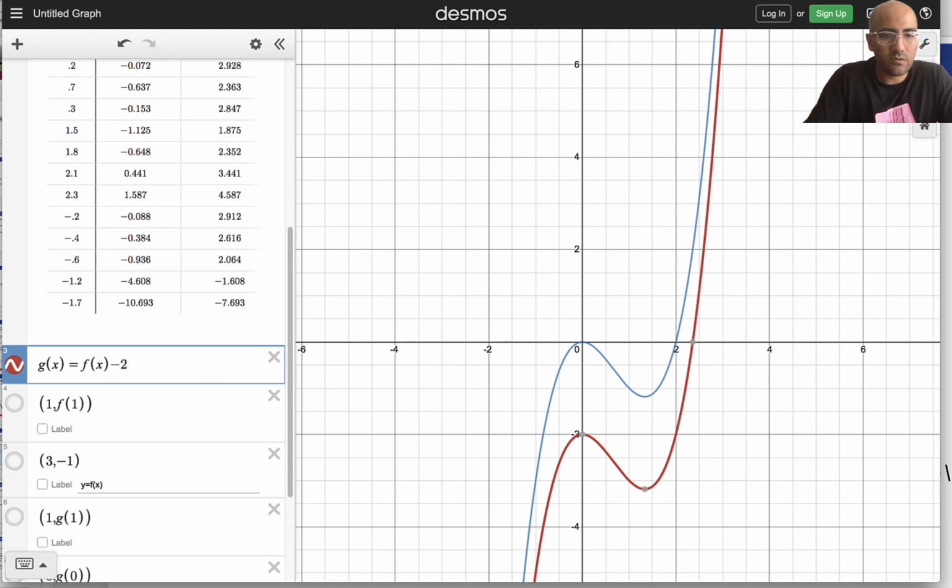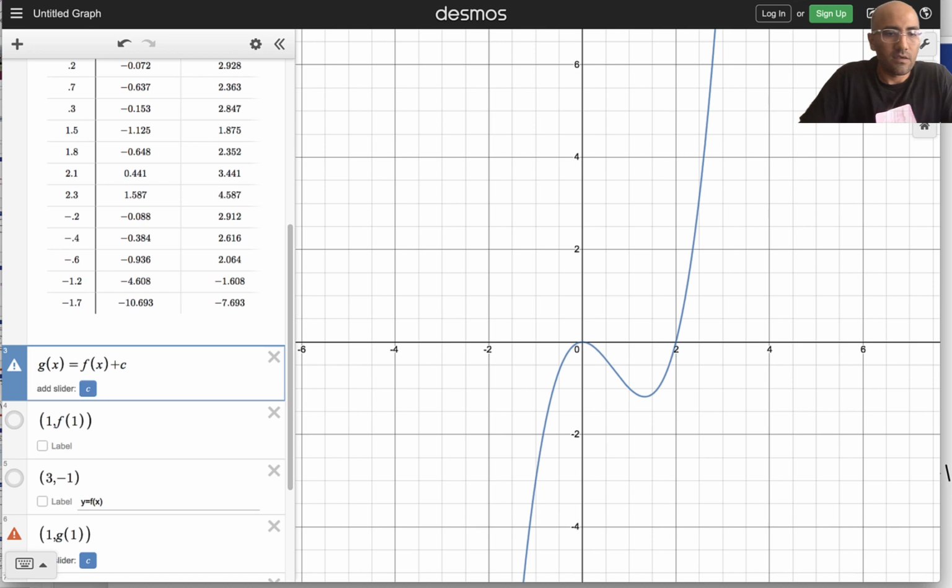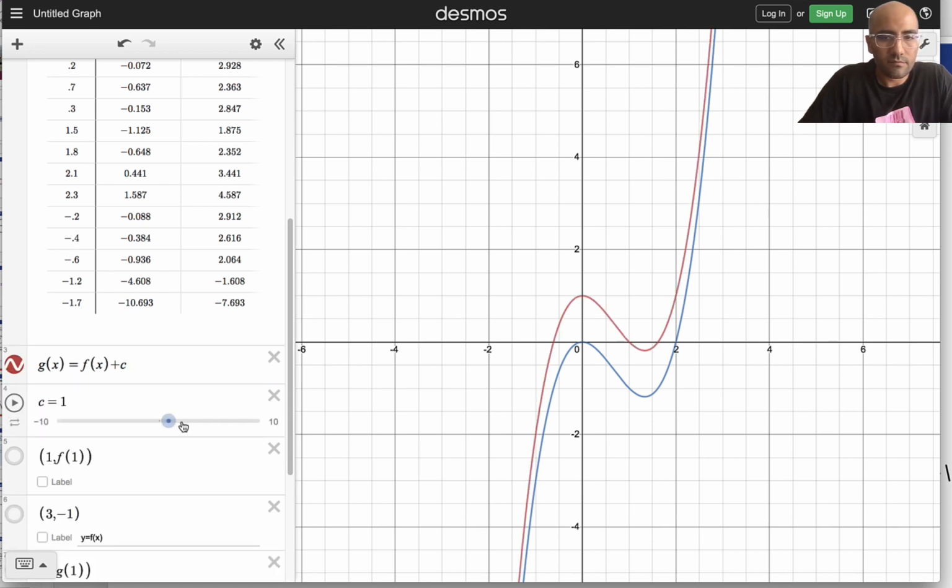Good. Okay, so let's create it as a slider. So we could say that it is plus c, where c is a slider. And let's leave it as a 0 to begin with.